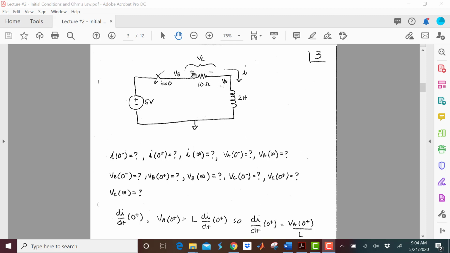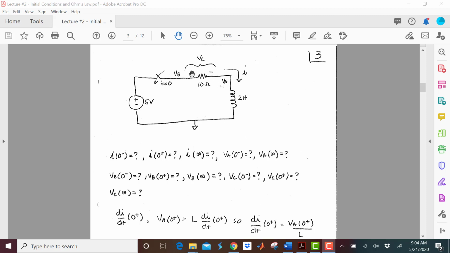Now let's look at VC. And VC, you see that it's carefully defined here. At 0 minus, we have no current in the circuit, so VC will be 0. At t equals 0 plus, I'm going to go to my inductor and say the current cannot change instantaneously, so the current's still going to be 0.